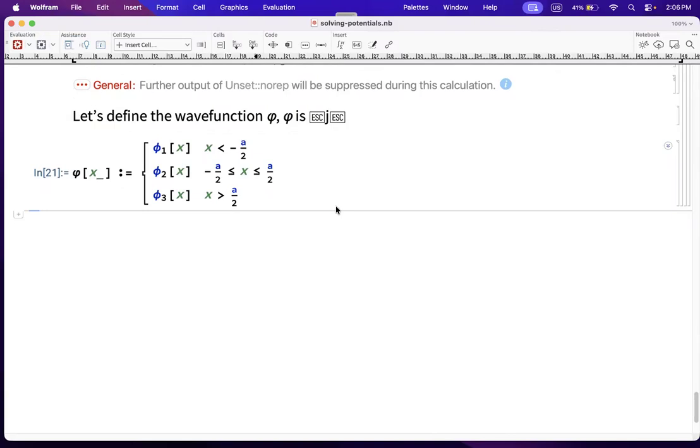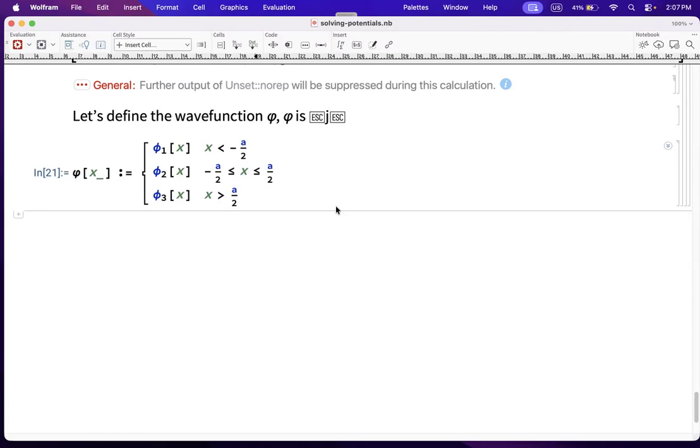Now we have to define the boundary conditions, please. We have two boundary conditions. Remember here in this region, it means that phi 1 of minus a over 2 has to be equal to phi 2 of minus a over 2, right? So this is continuous and smooth. It says that phi 1 prime is equal to phi 2 prime at minus a over 2.